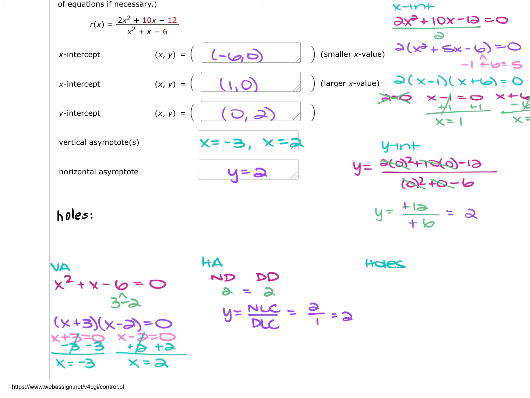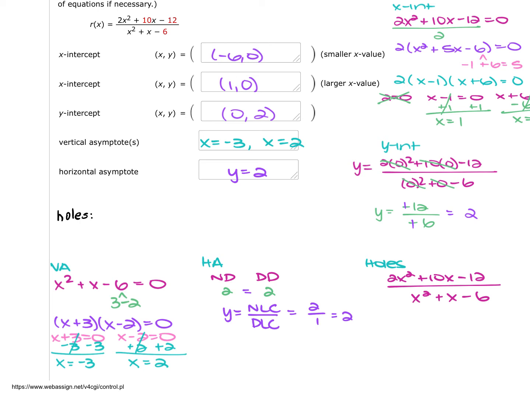Lastly, we're going to find your holes. So you're going to start with what's given to you, which is the 2x squared plus 10x minus 12 over x squared plus x minus 6, and you're going to factor both the numerator and the denominator.